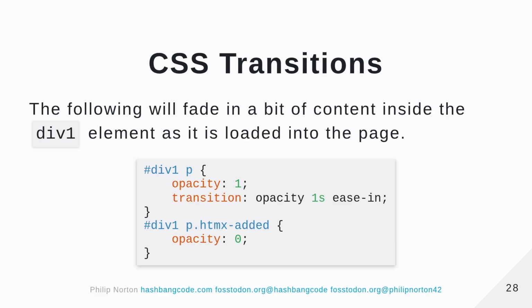Once it's finished adding to the page, HTMX will remove that class, which means that the opacity would be set to 1, but because we've got that transition there, we're animating that change. So rather than just popping stuff onto the page, we can slowly introduce it without startling the user, I guess.